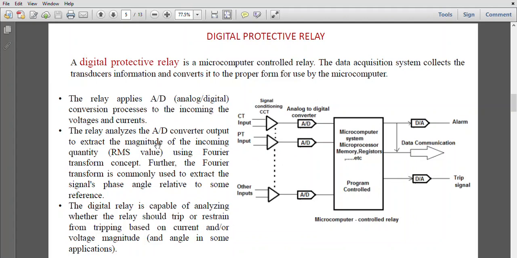The relay analyzes the analog to digital converter output in the microprocessor, where basically you have a phasor comparison, meaning the fed signals' amplitude and angles are compared with the preset reference ones so that a further command can be fed for alarm or trip.